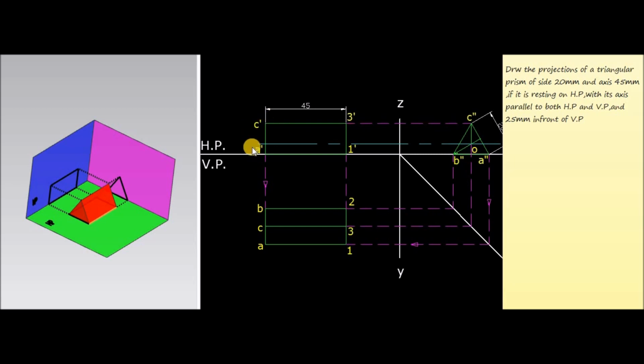Then again, for getting the top view of the triangular prism, draw the projections from these points perpendicular to the XY line. Then it will be at a distance of 25 mm from the XY line. So the top view will be at a distance of 25 mm from the XY line. That data is given in the question.